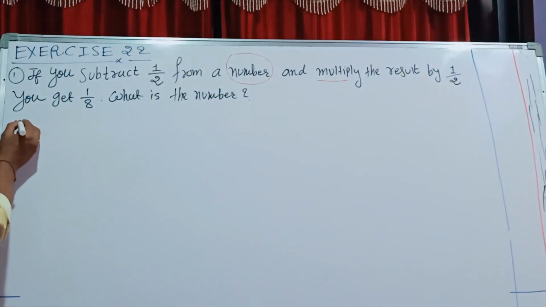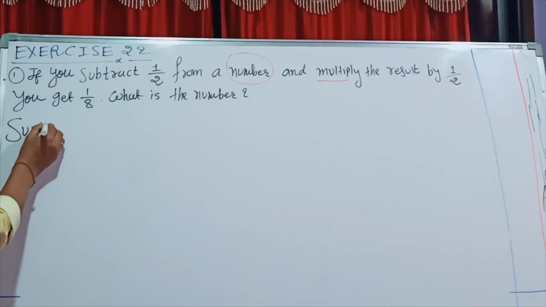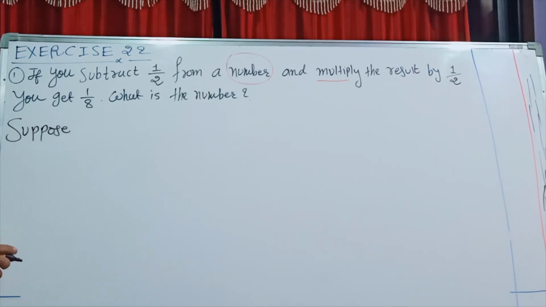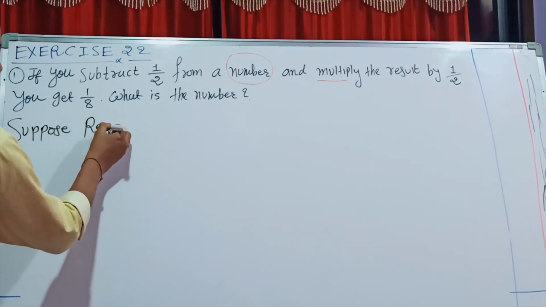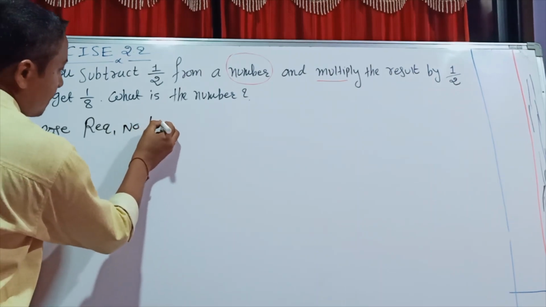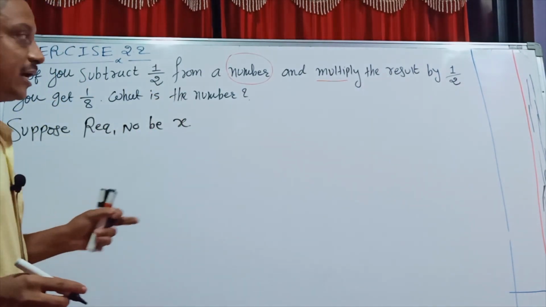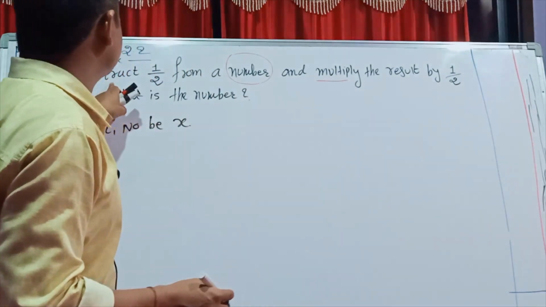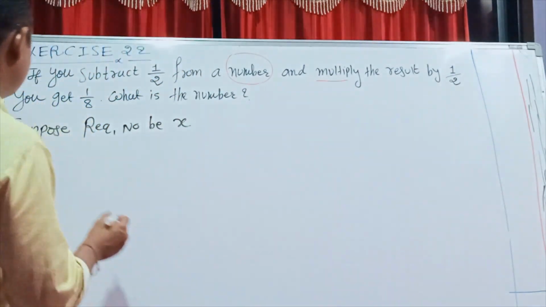So very easy students. Suppose I assume that the required number be x. And from this number x, students, we subtract half.